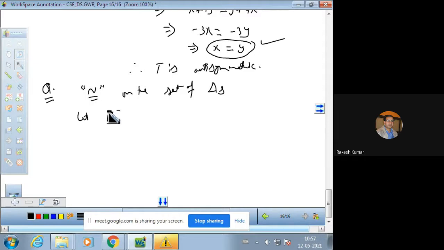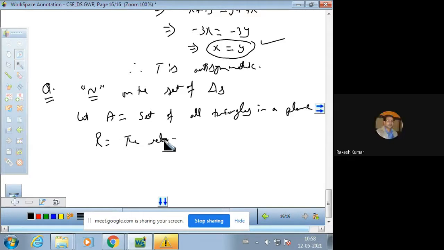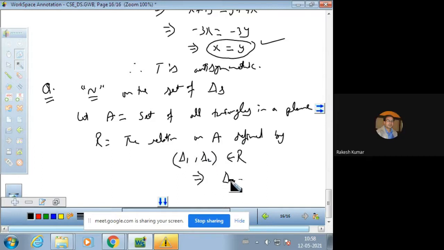So let A be the set of all triangles in a plane, and R be the relation on A, defined by: for triangles delta 1, delta 2 belonging to A, (delta 1, delta 2) belongs to R implies delta 1 is congruent to delta 2.